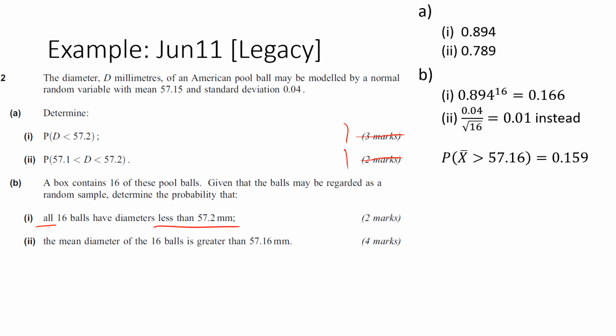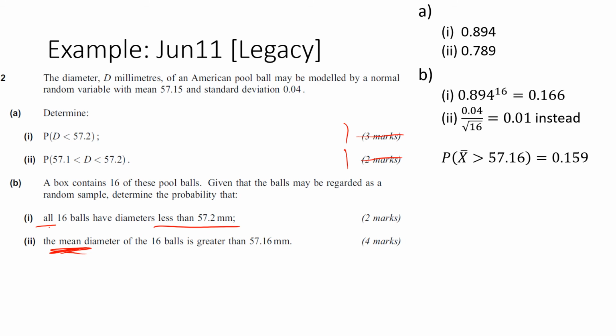Because for part 2 it says mean, we have a completely different distribution now. We don't have a standard deviation of 0.04. We have a standard error of 0.04 divided by the square root of n. N for this question here is 16, which is a nice 0.01 instead.